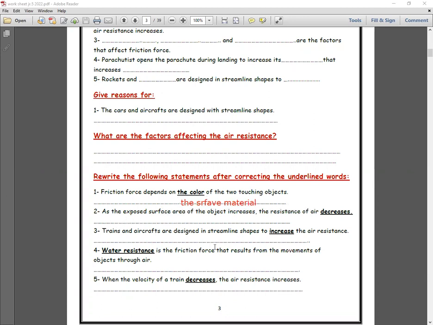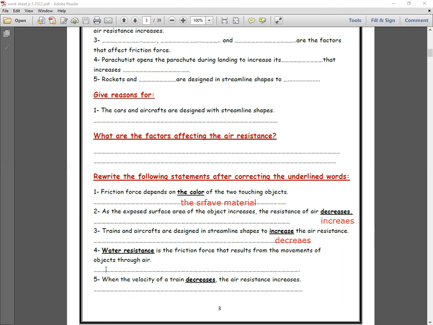As the exposed surface area of the object increases, air resistance, we said, increases. Trains and aircrafts are designed in a streamline shape. We said that streamline shape decreases air resistance and surface area. So the speed will increase.